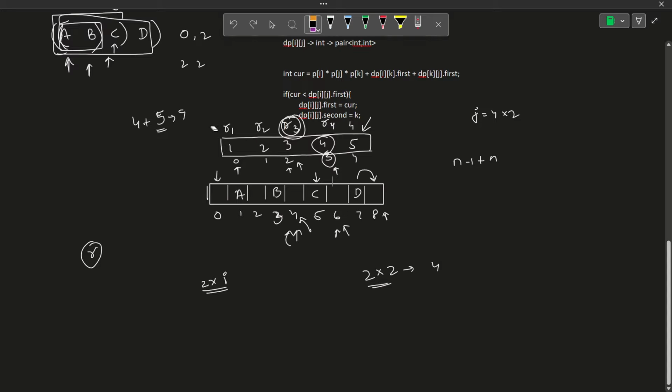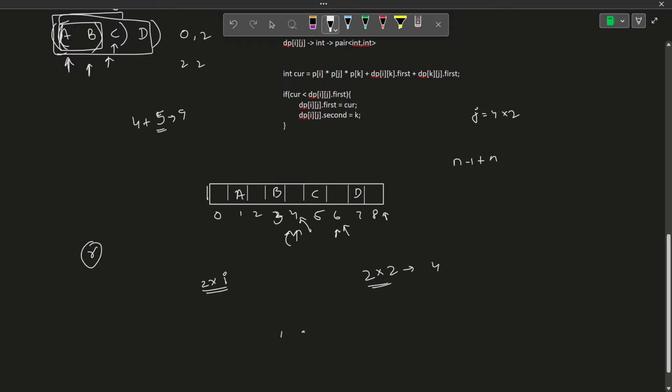Let us just once try to simulate all of this. Let me erase all of this for now. Initially we have 1, 2, 3, 4 and 5. This is the initial i, this is the initial j.